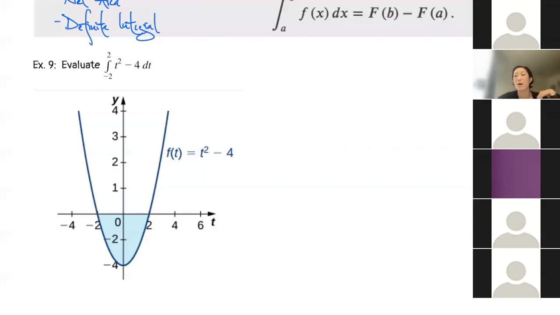Let's keep on with the predicting piece. Do we predict a positive answer or a negative answer?